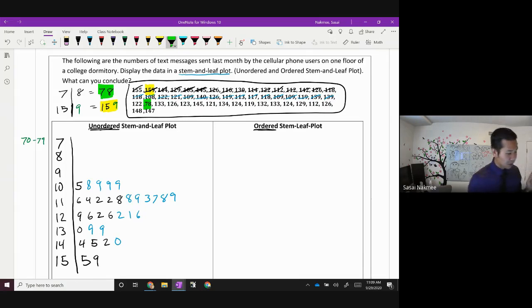So to write 78 using the stem and leaf, I write it as a 7 with the 8 following it. And that's how I know to start at the 7. Whereas the 159, I know that it needs to start with a 15, so I'm going to write that down here. So I need to make sure I cover all possible data from 7 to 15. Does that make sense? It's just because it's the largest number and the smallest number. That's what I use to get that.